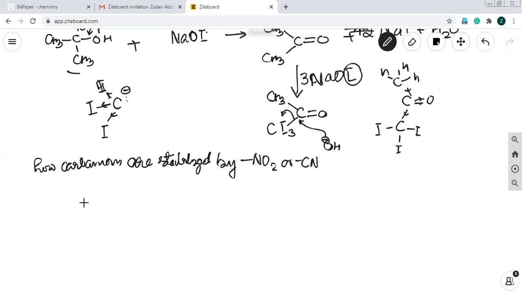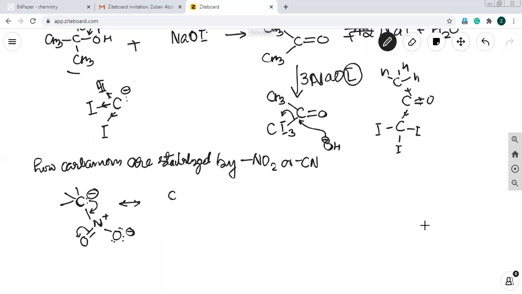So if you have a carbanion which is bonded with an NO2 group, then this is minus. These electrons can delocalize into this, and it can form 2 bonds here.